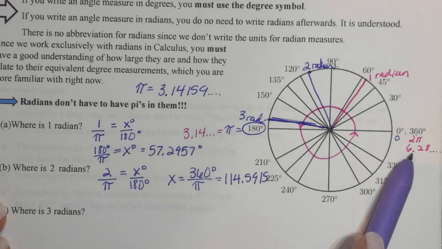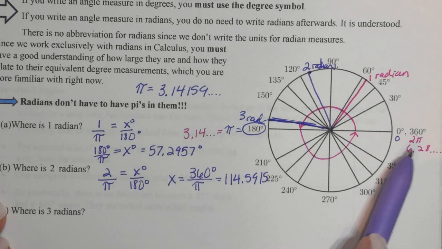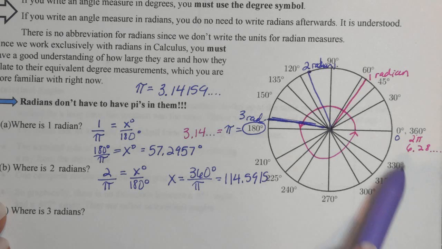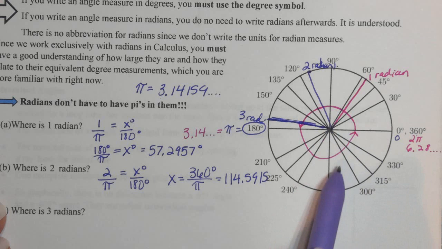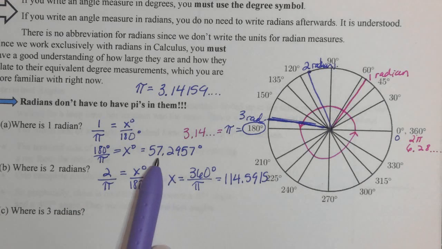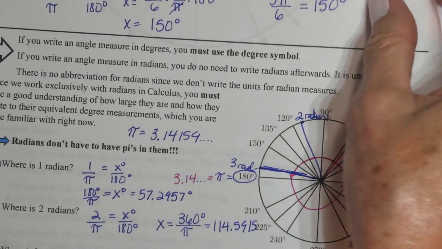Well, a little less than 2 pi, because 2 pi is 6.28-ish, okay? I need you to have a general idea about what a radian is. A radian is about 57 degrees. All right, let's keep on going.